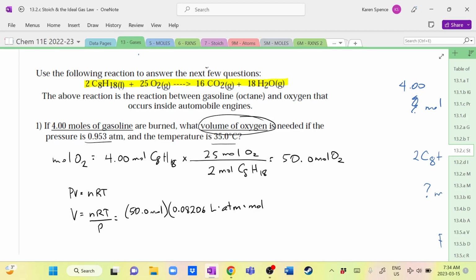Remember, per mole can be written as moles to the -1, and Kelvin to the -1, or you could write that as liters atmospheres over moles Kelvin.